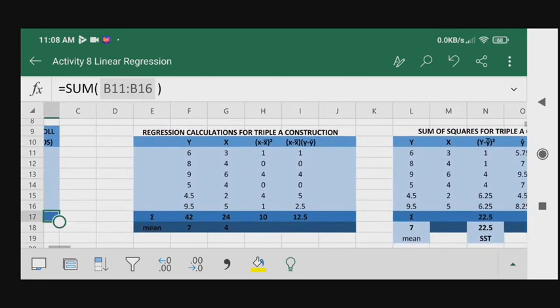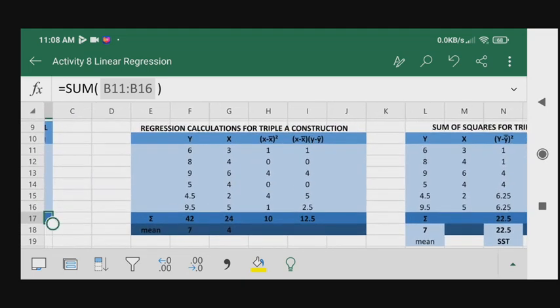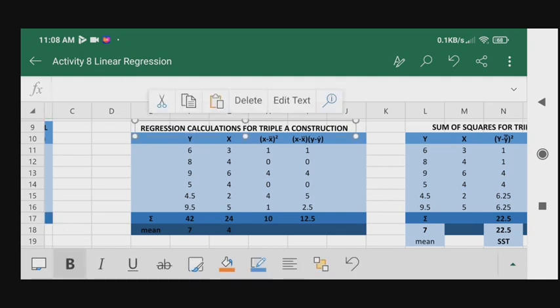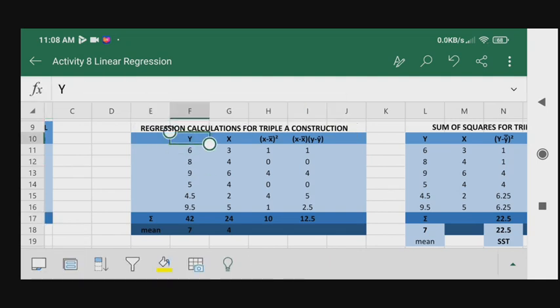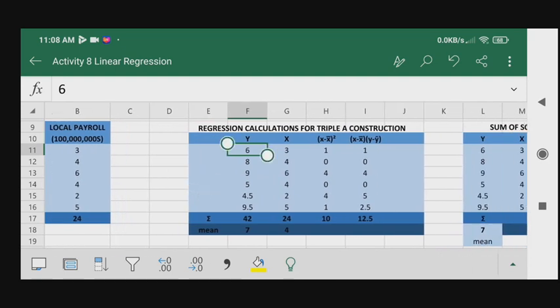Let's proceed to the regression calculation for AAA Construction Company. Here we have y, which is the dependent variable, and x, which is the independent variable. Let's copy from the sales because y represents the sales.